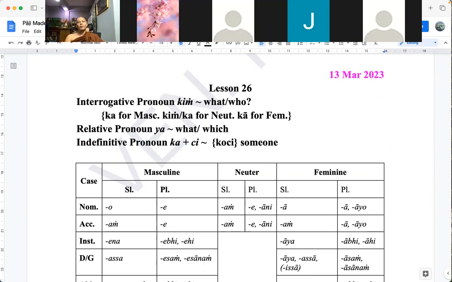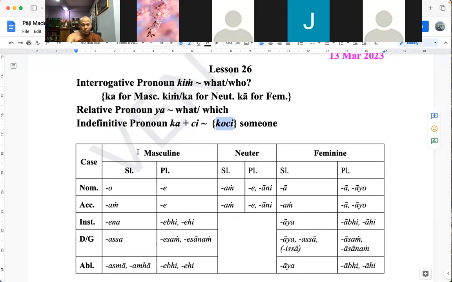Someone. Okay, so this ka should be declined, and after the declined word we add ci. That is, to ko adding ci, koci; to kam adding ci, kinci; to kam adding ci, kanci.